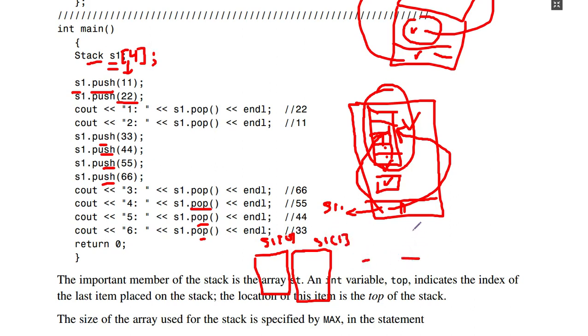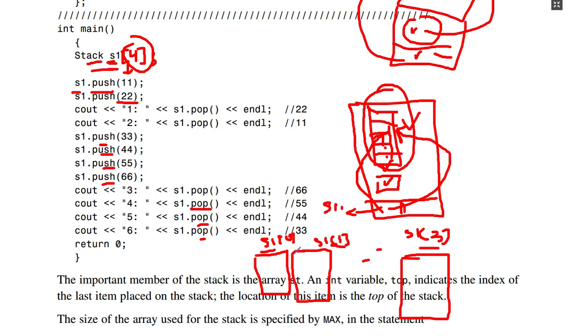So it would make 4 objects, and this would be called an array of objects. You can see from here this is an array, and it has got 4 elements. The first element would be s1[0], s1[1], s1[2], and then s1[3]. So we got 4 objects.